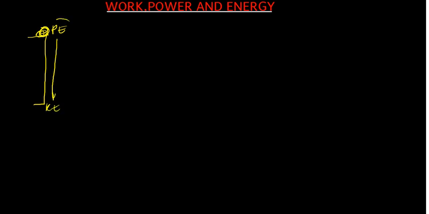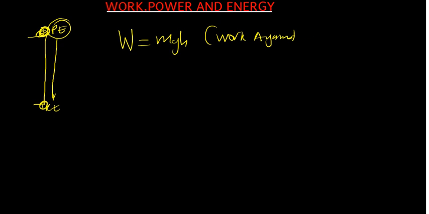So the work done when an object drops from that point to the down is the same work when an object moves from the down point to the up, and that is given by the potential energy. And so work is going to be mgh. This is called work done against gravity. So that is the same as just potential energy.